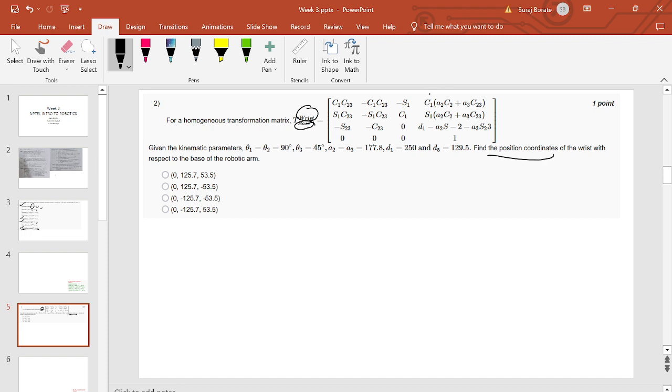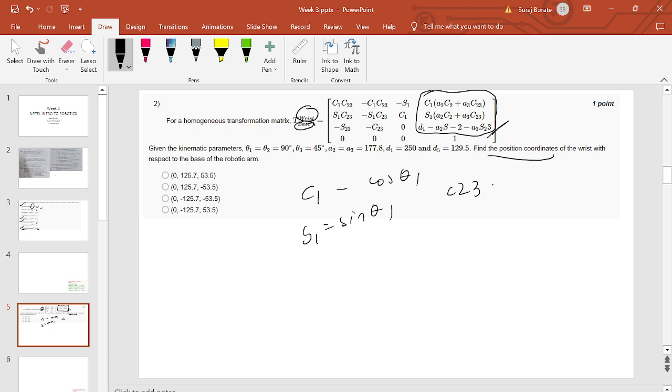So the position coordinates means these three values, right? If you want to find this, we can put in the values. Remember C1 is the short form for cos theta 1, S1 is sin theta 1, and C23 is cos of theta 2 plus theta 3.